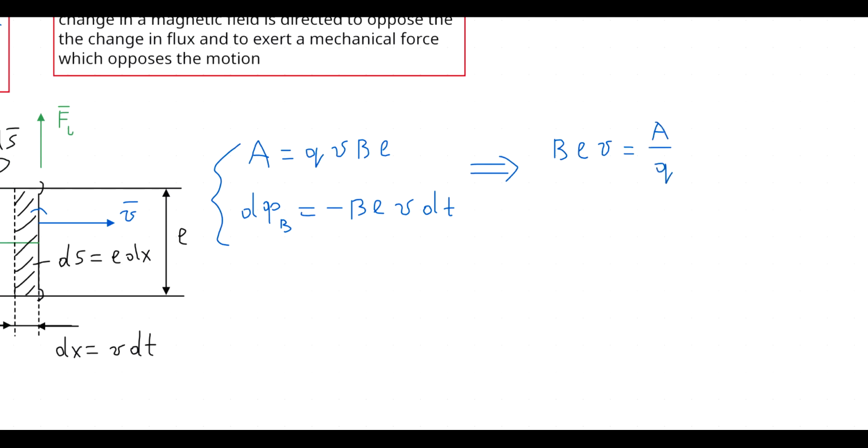But work divided by electric charge, as we can remember from one of our previous lessons, is equal to electromotive force.